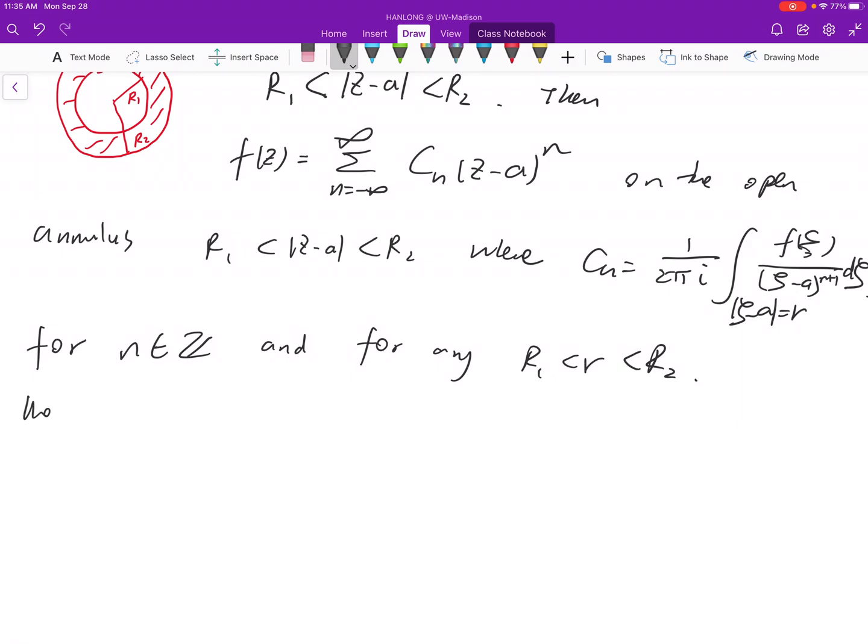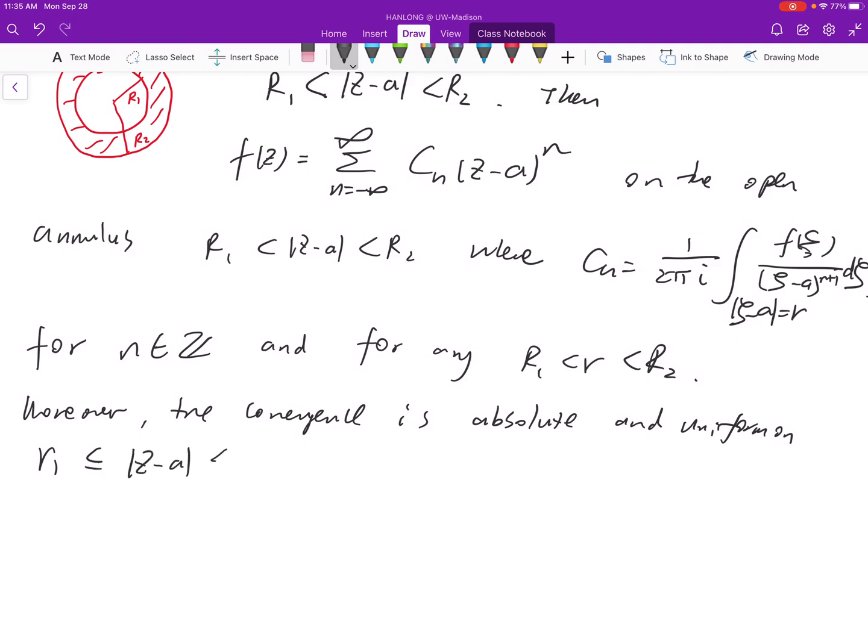Moreover, the convergence is absolute and uniform on any subannulus strictly contained in the original one.